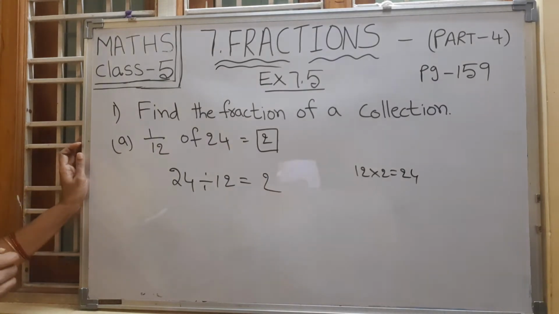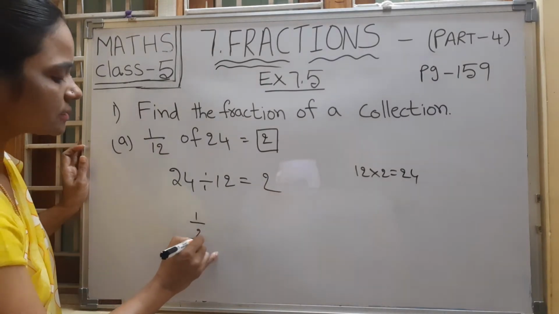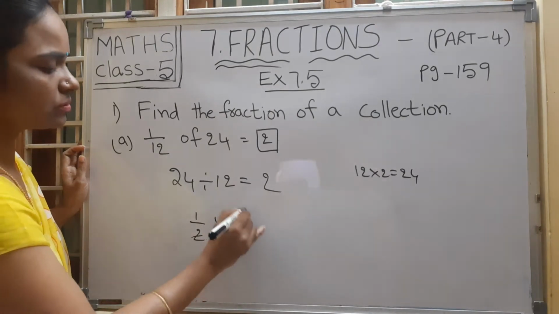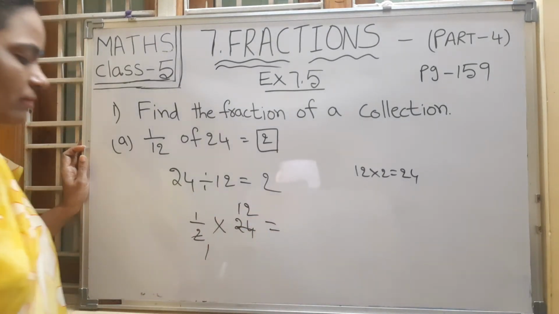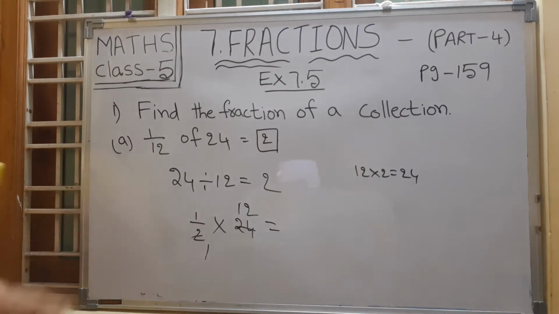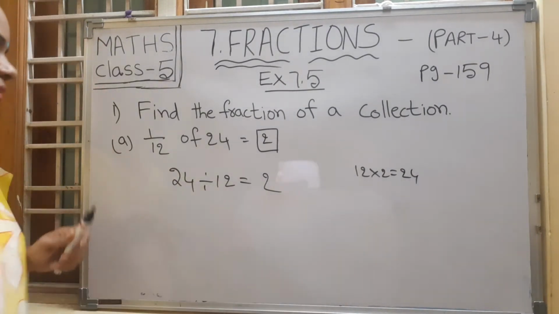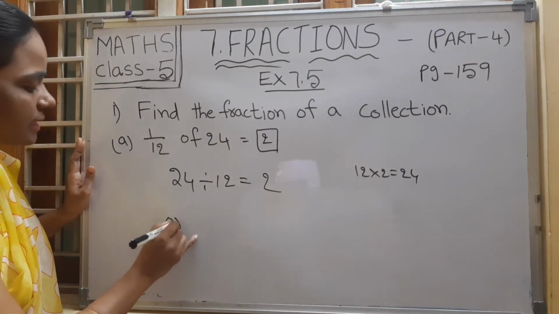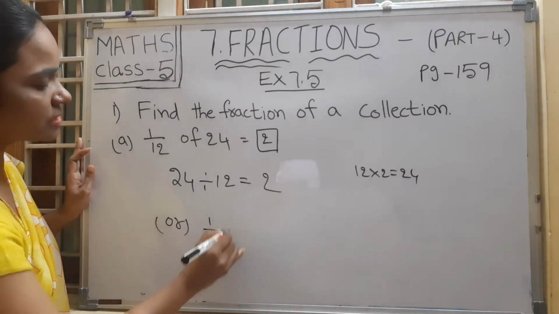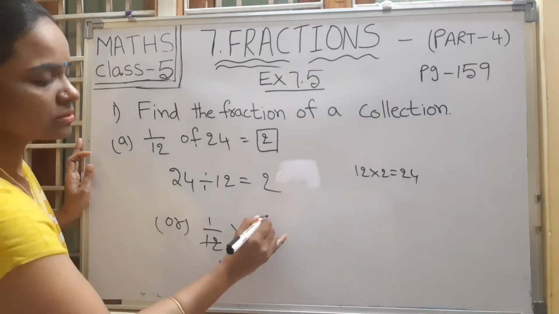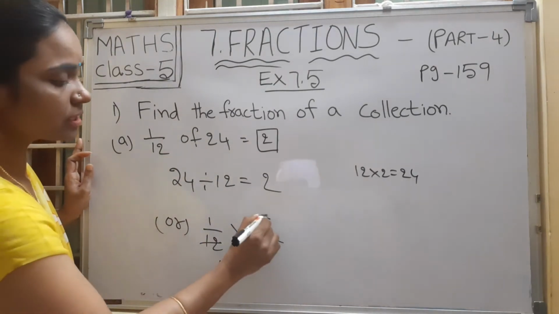Otherwise you can do like this also. 1 by 12 of means 1 by 12 into 24. 12 1s are 12, 12 2s are 24.